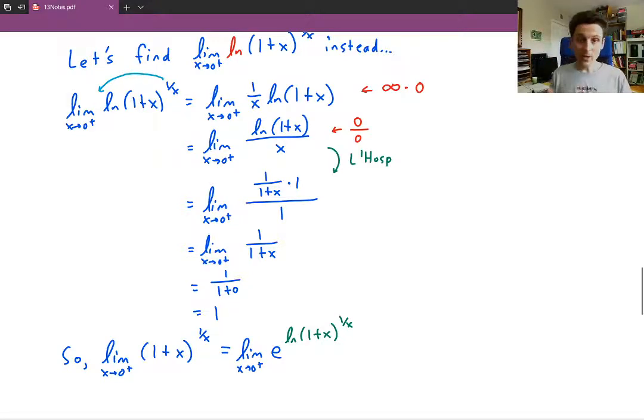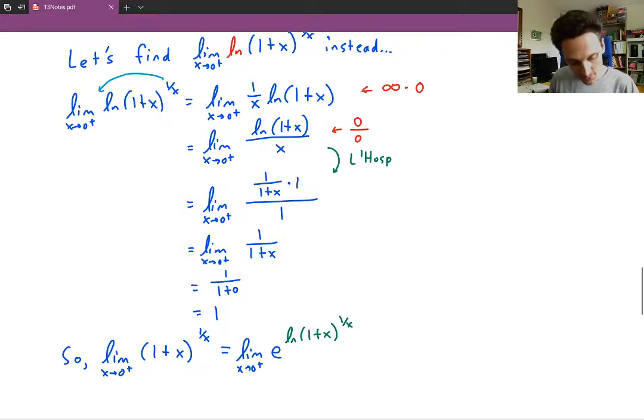If you take a step backwards, we haven't really changed it at all, right? If you do e to the ln of something, the e and the ln are inverse functions. They're going to cancel each other out when you plug them into each other. And so you would just get back to 1 plus x to the 1 over x. But the whole reason we're writing it like this is because we know exactly where ln of 1 plus x to the 1 over x goes. It goes, by all our work above, to 1.